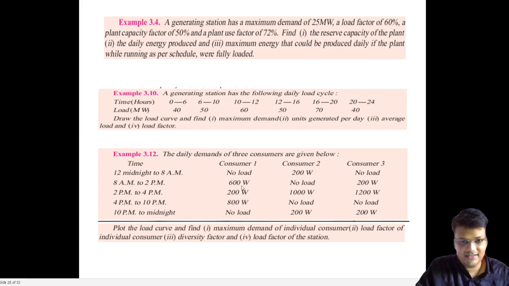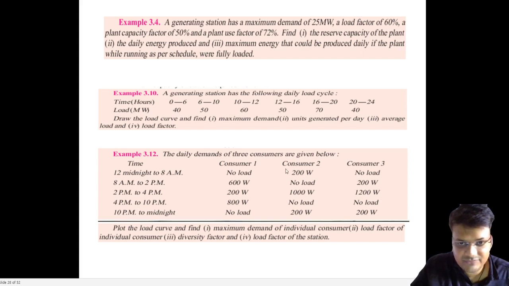So 800 watt is the maximum demand for consumer 1 at 4 to 10 p.m., consumer 2 is 1000 watt at 2 to 4 p.m., and consumer 3 is 1200 watt at 2 to 4 p.m. So the first answer we will get.